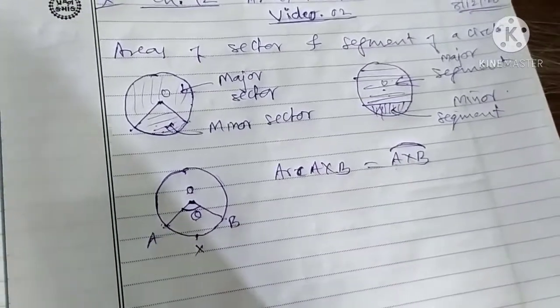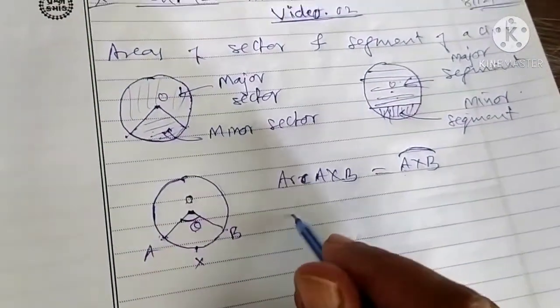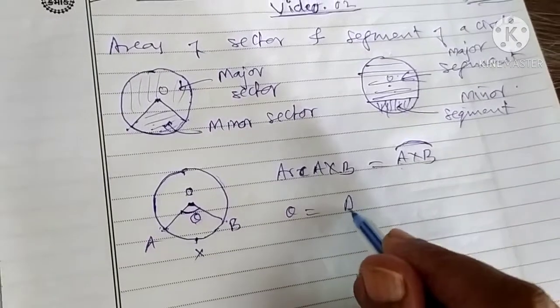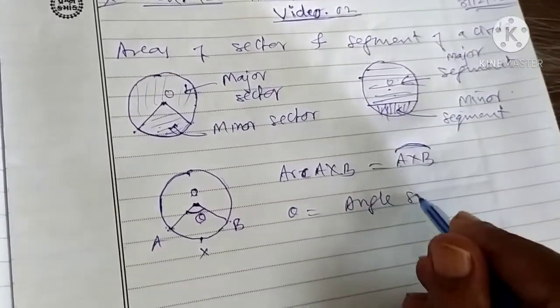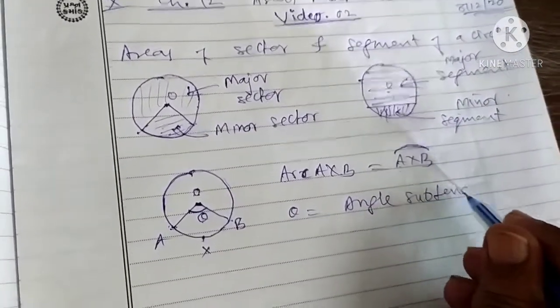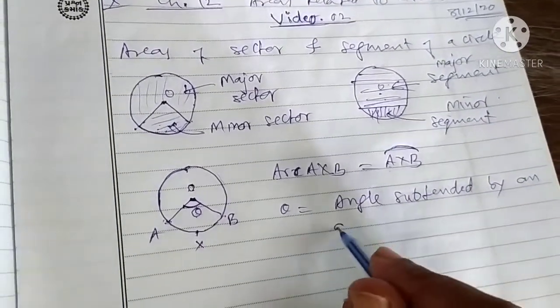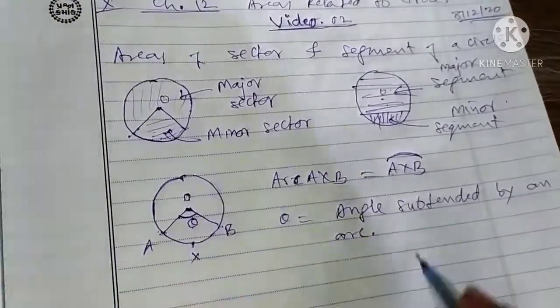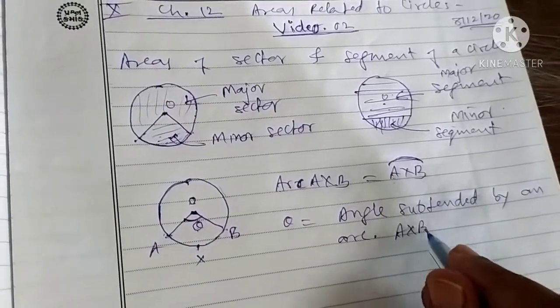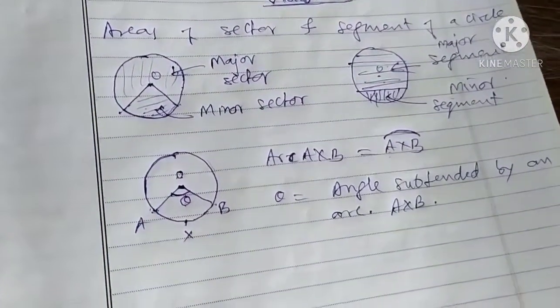Read as arc AXB. So this theta is known as angle subtended by an arc. Which arc? AXB. Okay, remember this.